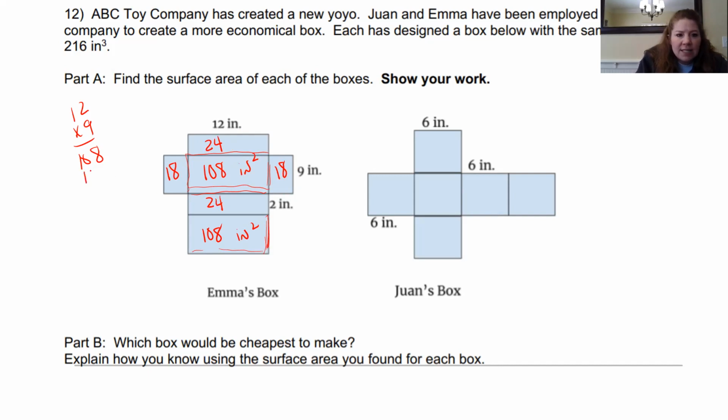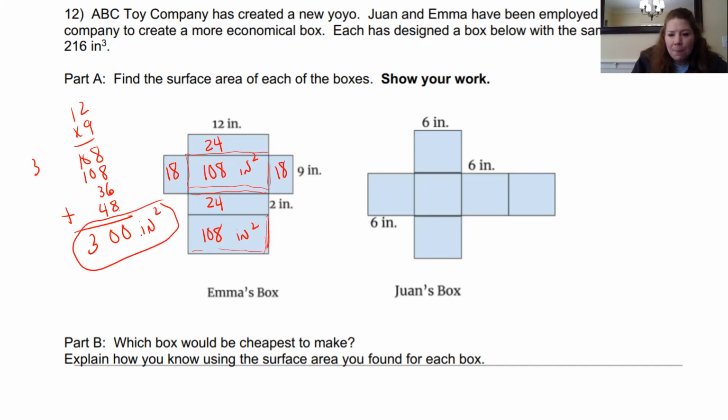So we're going to add all these together. I know 18 plus 18 is 36, and I know that 24 times 2 is 48. So we have 24 plus 6 is 30. So this first one has 300 squared inches, the surface area.